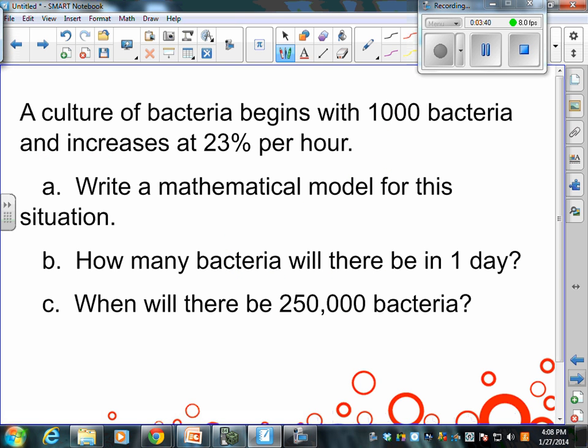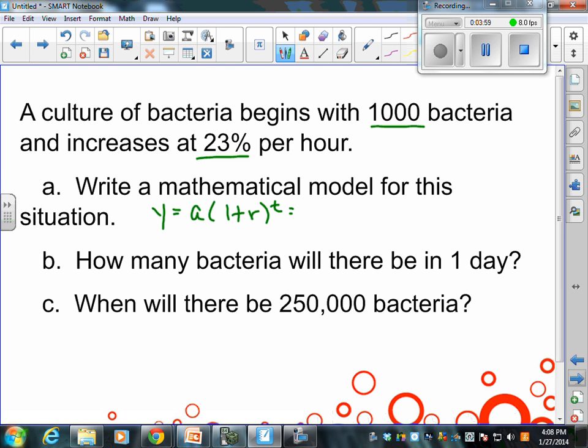This time we've got a culture of bacteria. It begins with 1,000 bacteria, and it's increasing 23% per hour. So part A says that we are to write a mathematical model. Since we are increasing, we want to use a times (1 plus r) to the t.